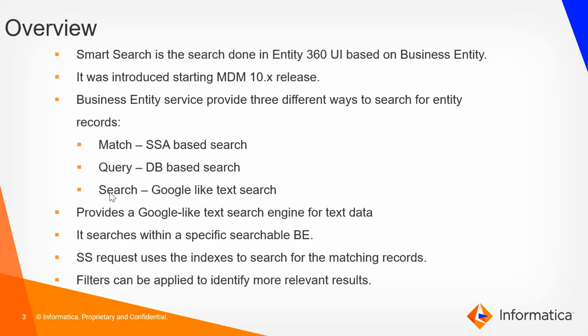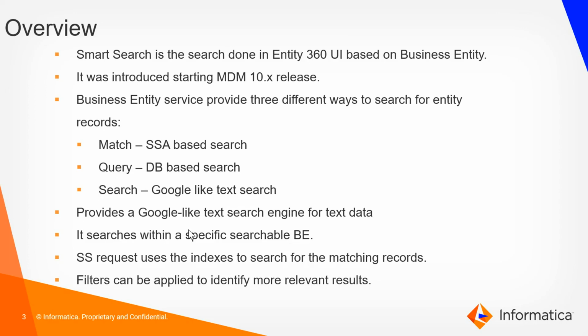But the Smart Search or business entity queries provide a free form search platform with the ability to search across all the fields. Let's say I'm searching for the word Prashant under the Person business entity; it can search across all the searchable columns I have defined. That's the main advantage, and we need not do anything else as long as the records are indexed.